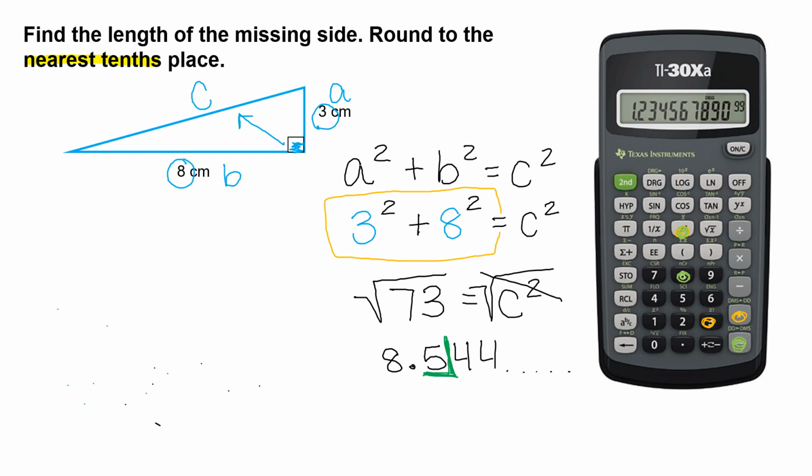If you need a little help, you might remember 5 or more, add 1 more, 4 or less, let it rest. So we're going to leave our answer as 8.5. And we'll be practicing a lot of rounding over the next few lessons.